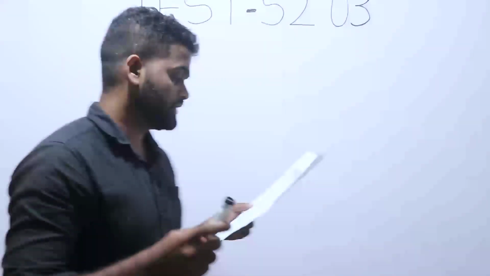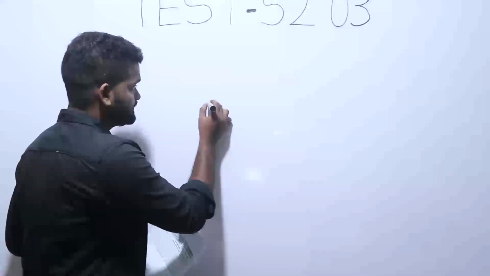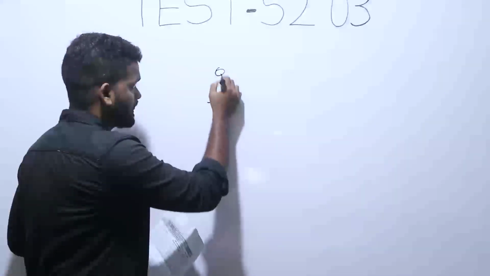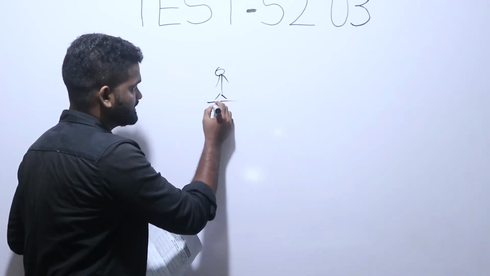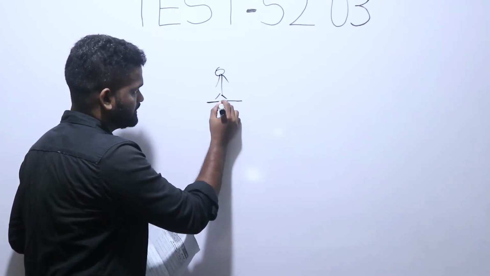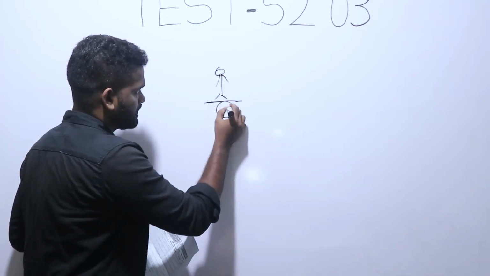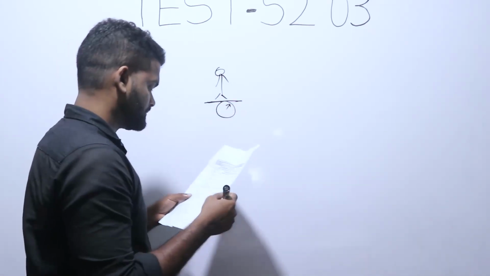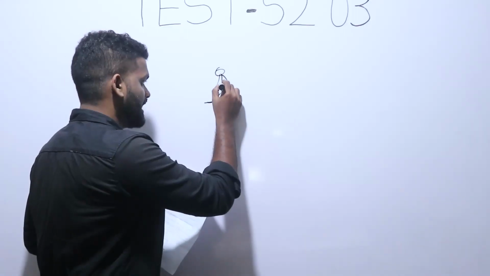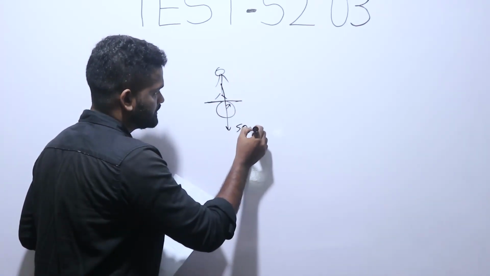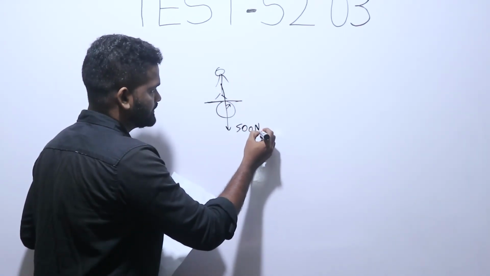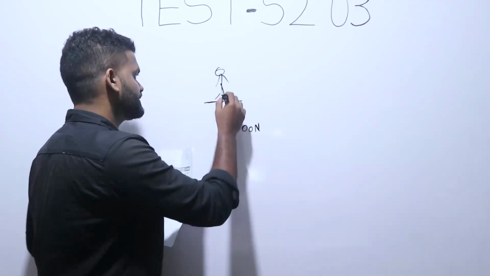So there's this man sitting on a scale. Let's say this is a pressure scale. So the weight of the man is 50 kilogram, or else we can say 500 newtons.